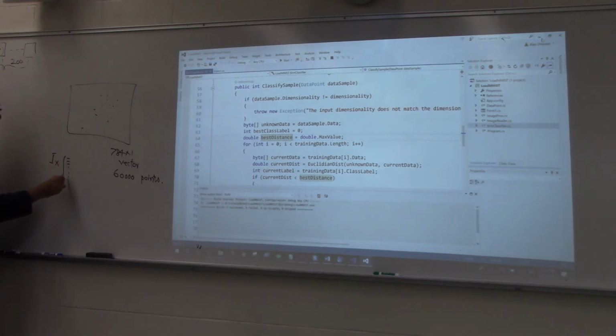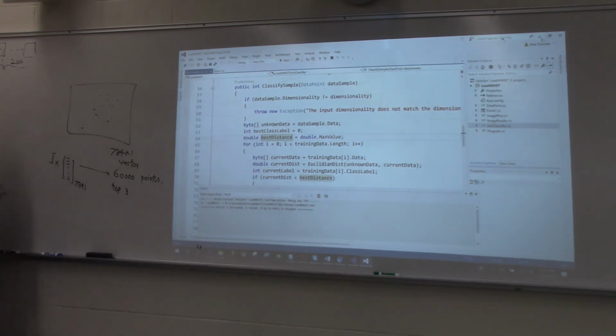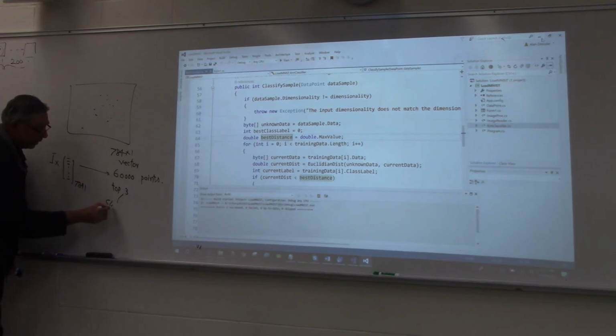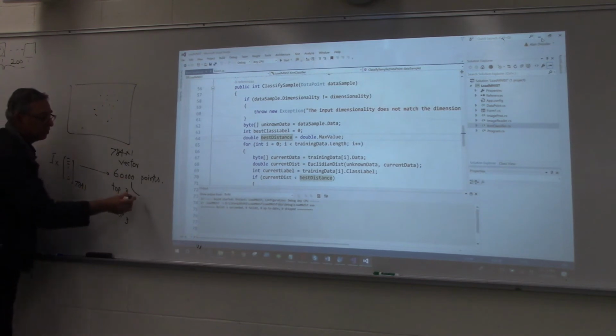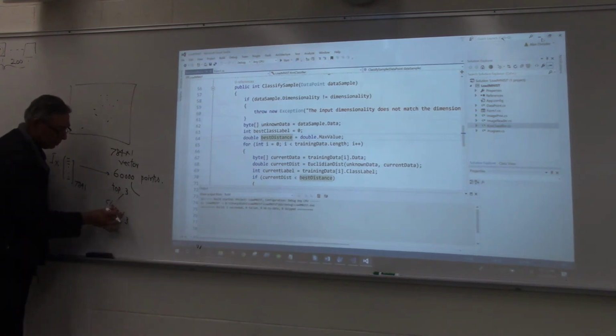We convert the 28 by 28 to 784 by 1, and we now do a Euclidean distance with all of them, and we pick the top 3, meaning the closest 3. Because we already know the labels for these, since this is our training data, whether it's digit 5 or digit 7. Now suppose the closest 3, one of them says 5, another one says 7, another one says 5.